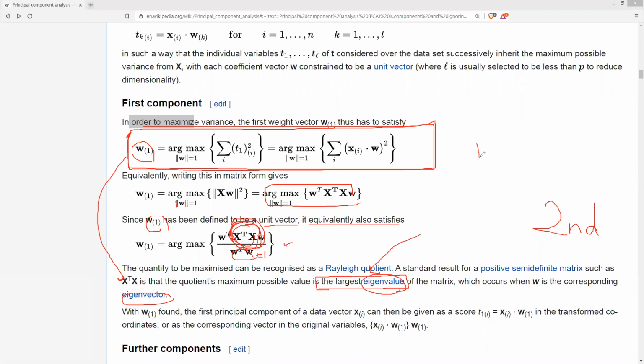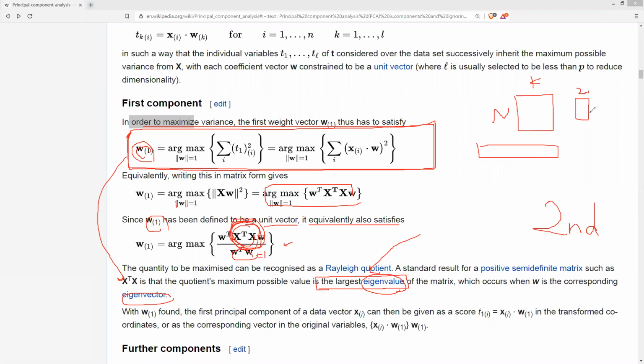Once we find the eigenvector, which is W, then by multiplying that n by k matrix with the second eigenvector, you will get the second principal component.